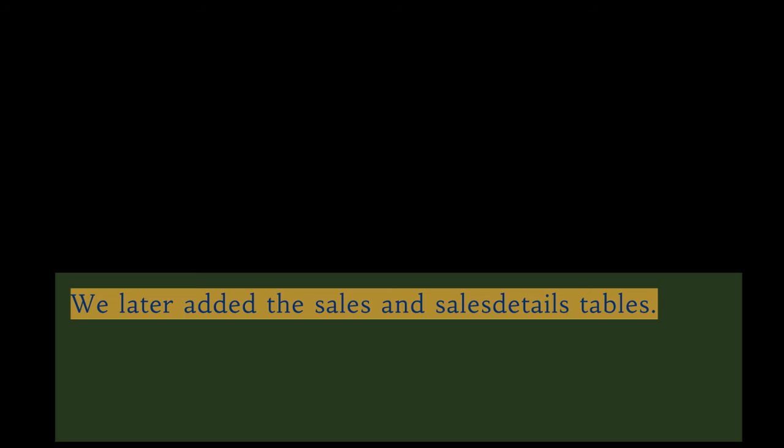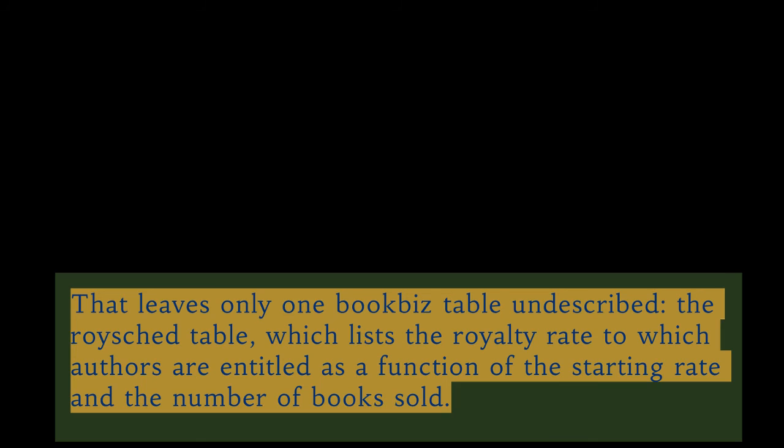We later added the sales and sales details tables. That leaves only one Book Biz table undescribed, the ROI schedule table, which lists the royalty rate to which authors are entitled as a function of the starting rate and the number of books sold.